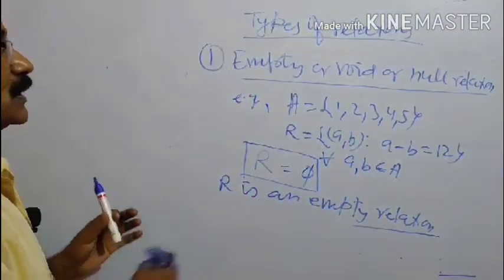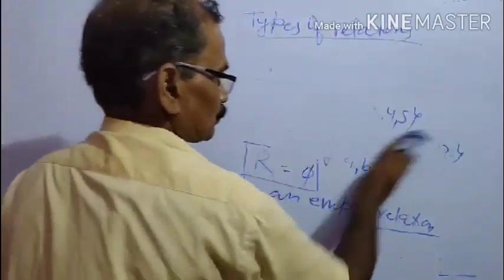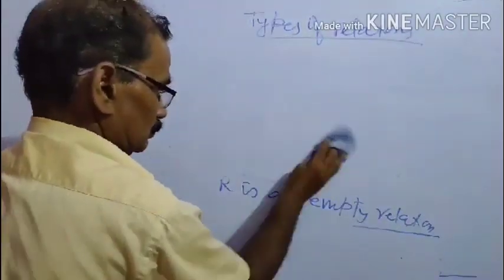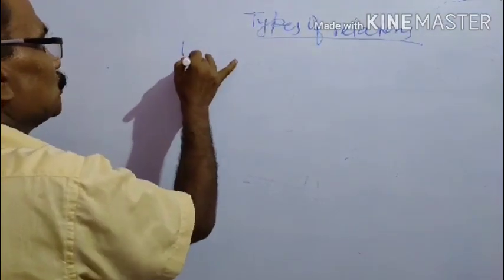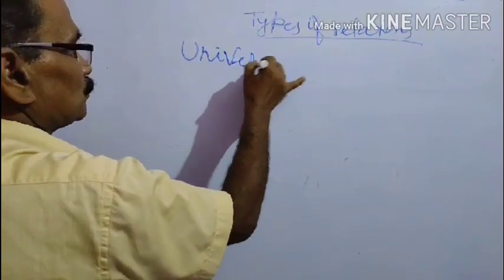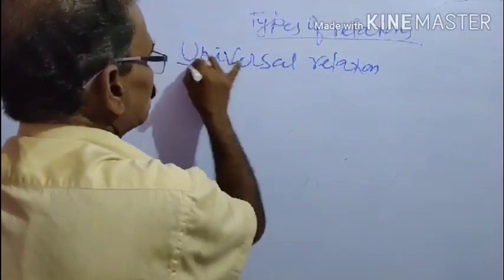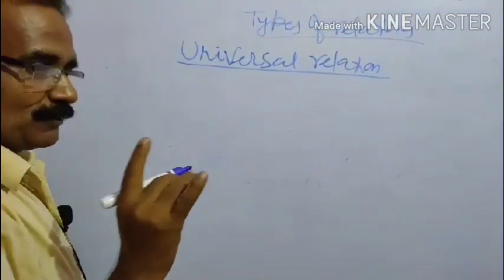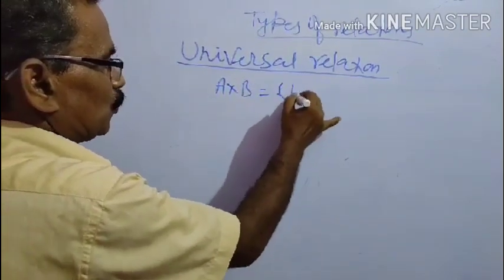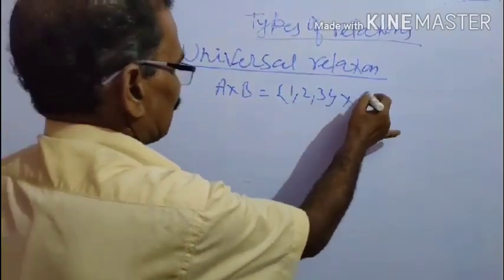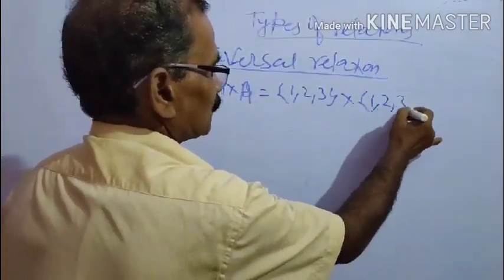Next topic, universal relation. Universal relation means, suppose A is equal to {1, 2, 3}.